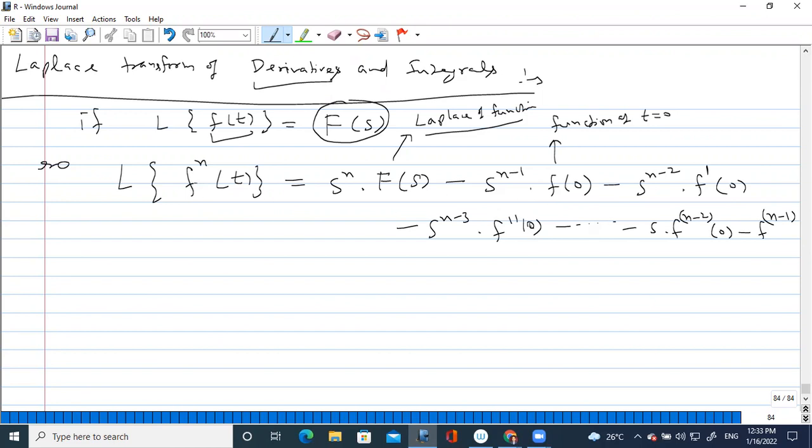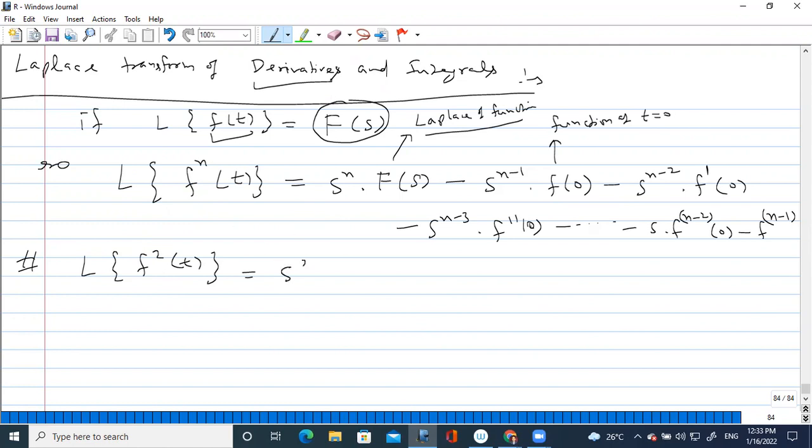Understood? So this is the complete formula for this, but this complete will not be coming in the question. Maximum they will give you double derivatives, that's it. Okay. So if they are asking you double differentiation, suppose this is the question, so Laplace of f double dash t will be what? So you apply here and you can get it. So n is 2 here.